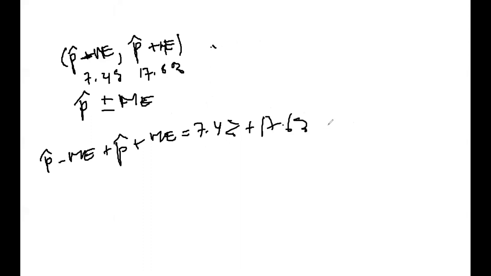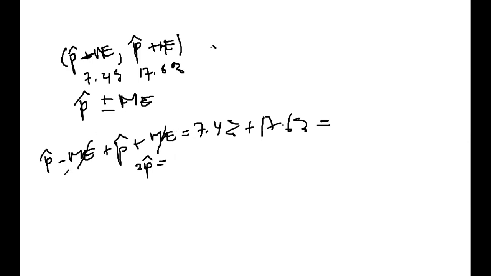So on the left you got 2 p hat, right? And ME is gone, because minus ME plus ME equals 0, right?